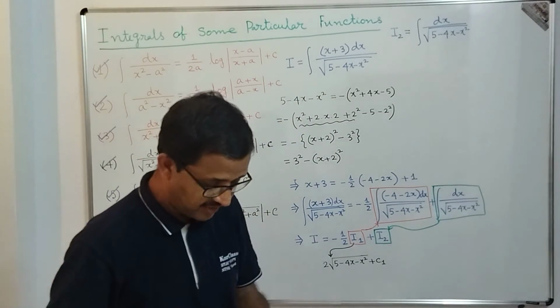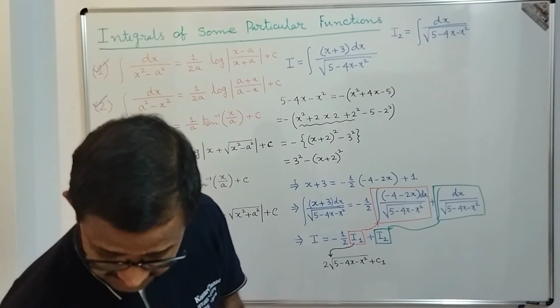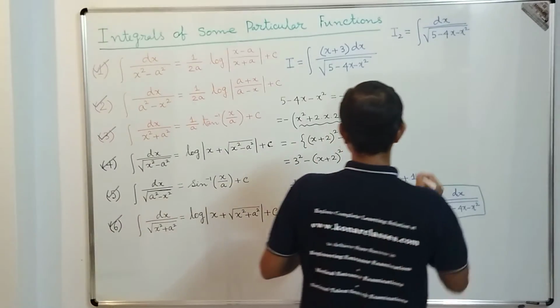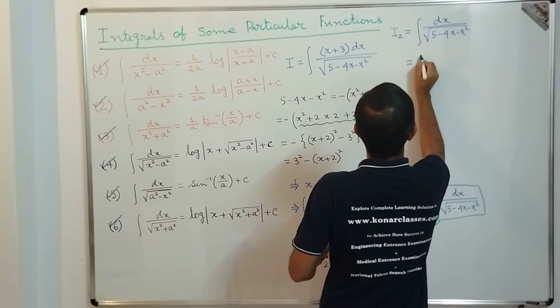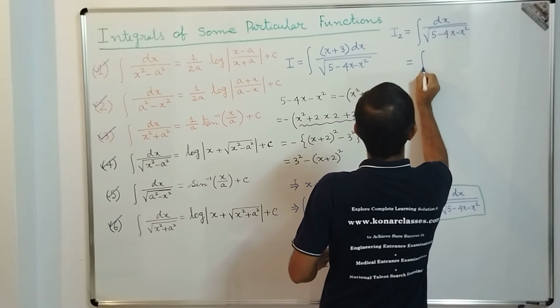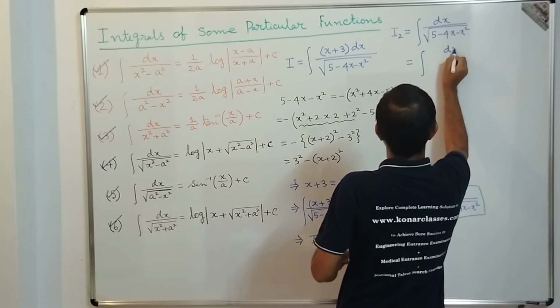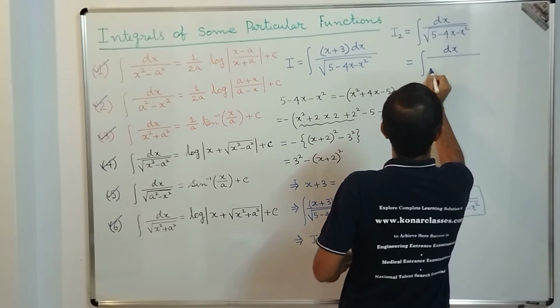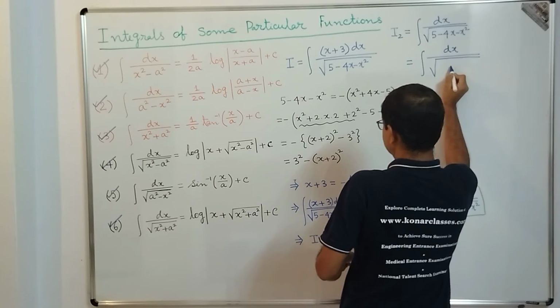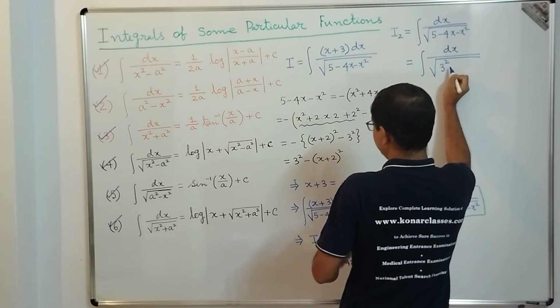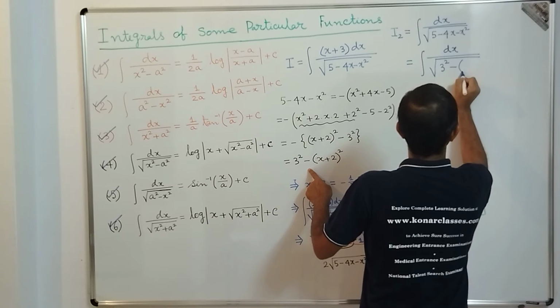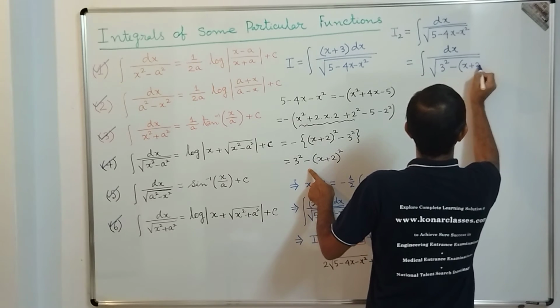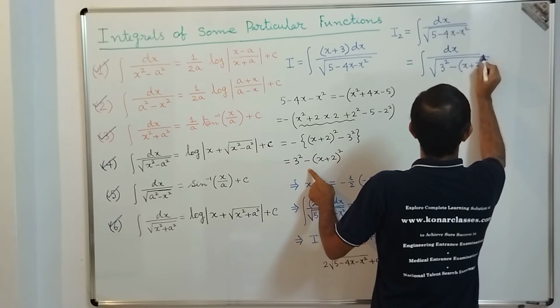So let us apply that value in the integration I2. So what we get here, dear students, is integration dx divided by square root of 3 square minus x plus 2 complete whole square.